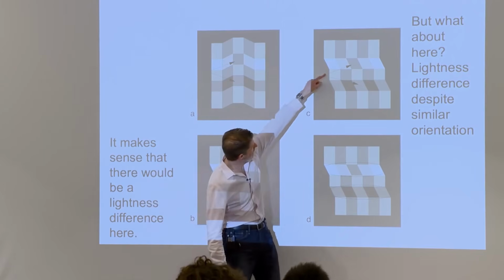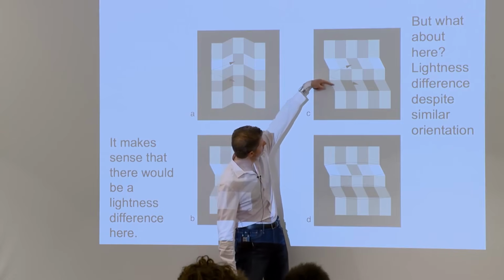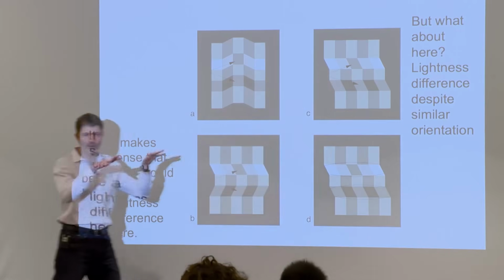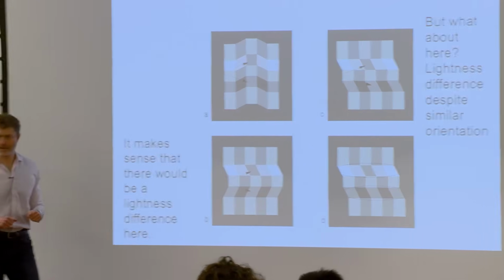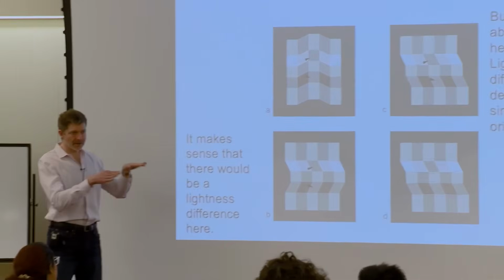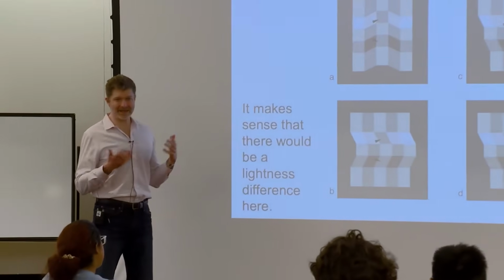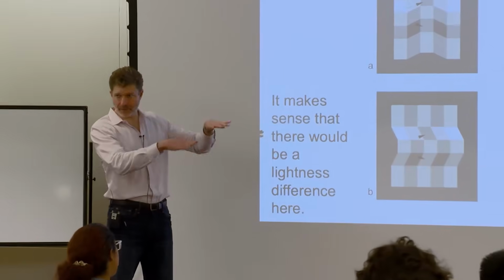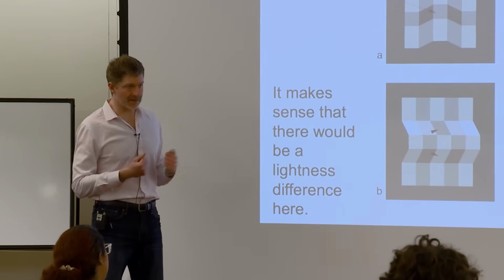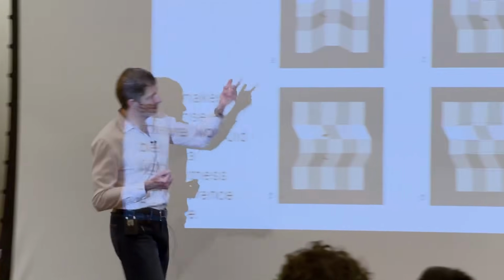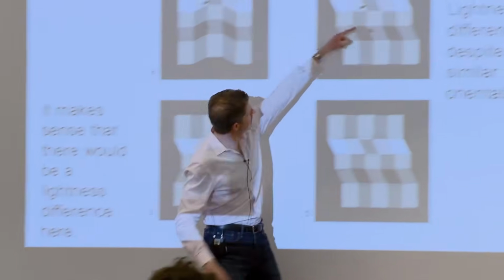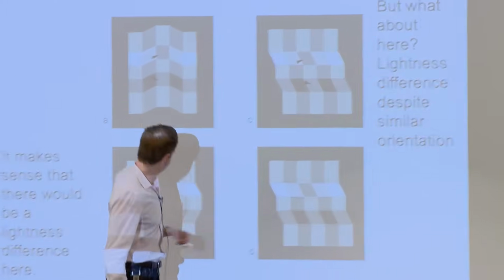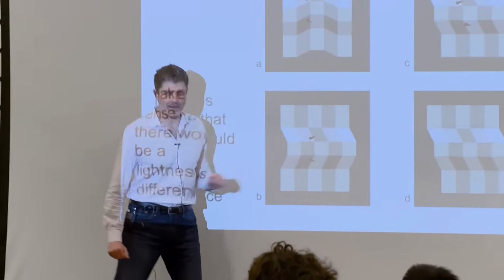It looks like the orientation of this surface and this surface are actually the same, like they would both be pointing up. So logically, that should suggest that they would be in the same illumination, pointing in the same direction, about the same place. But the lightness difference persists. That looks darker than that by about the same amount that looks darker than that.